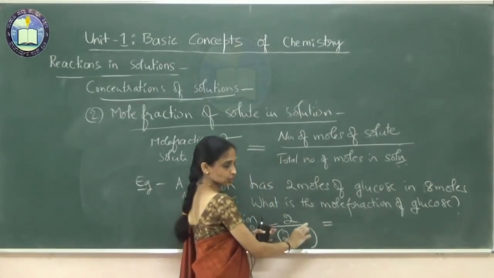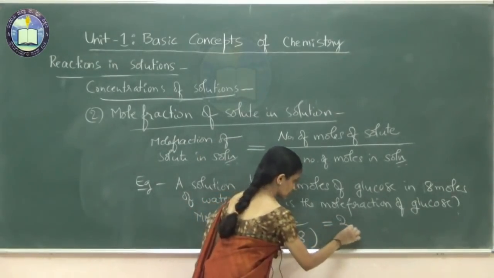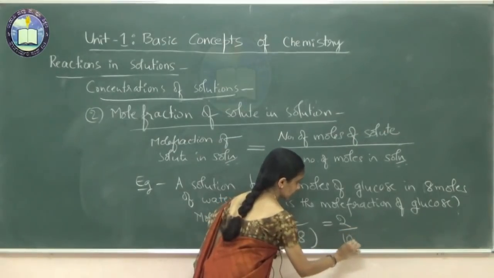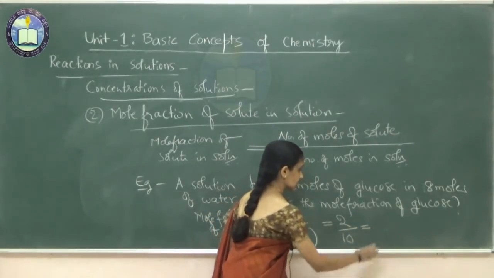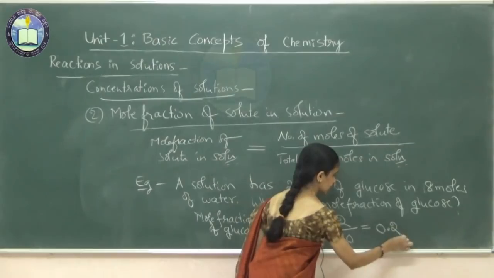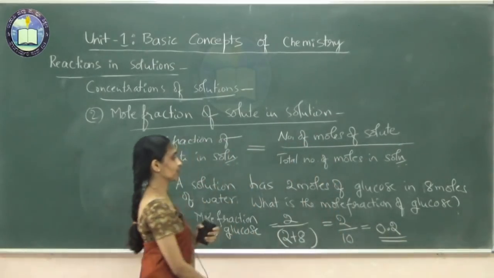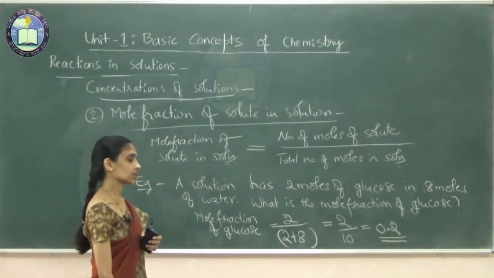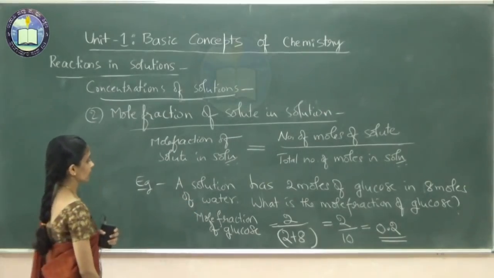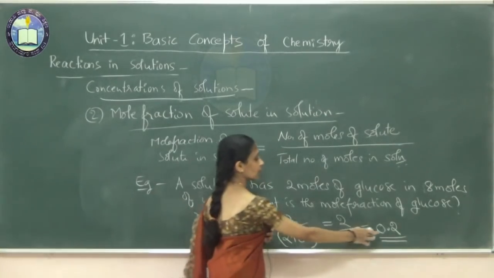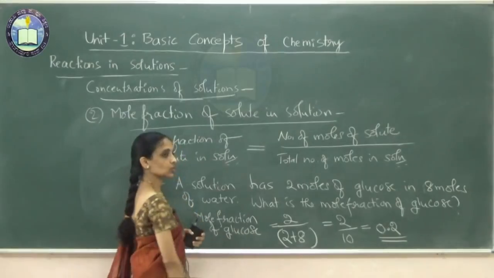No 100 here, no multiplication by 100. So, 2 divided by 10, that is nothing but 0.2. Okay. So, this is the mole fraction of glucose.